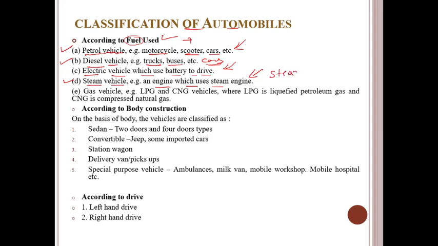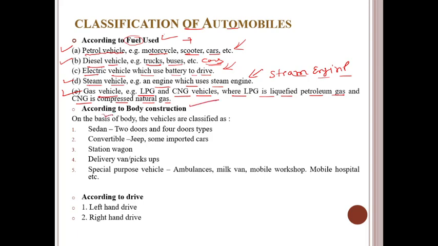Now another is gas vehicles like LPG or CNG vehicles. LPG is liquefied petroleum gas and CNG is compressed natural gas. These two gases are used to run the vehicles and they are in the category of fuels.